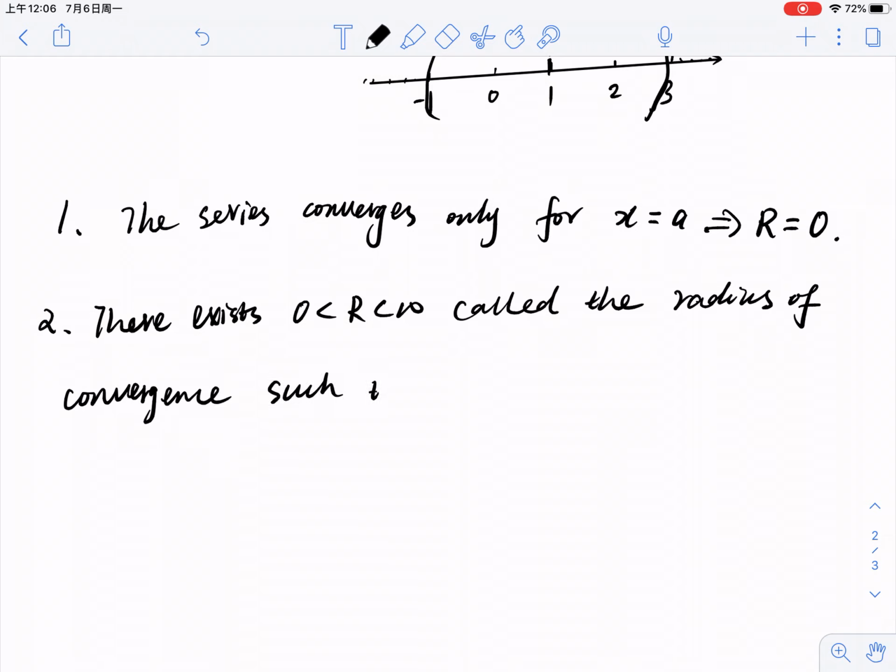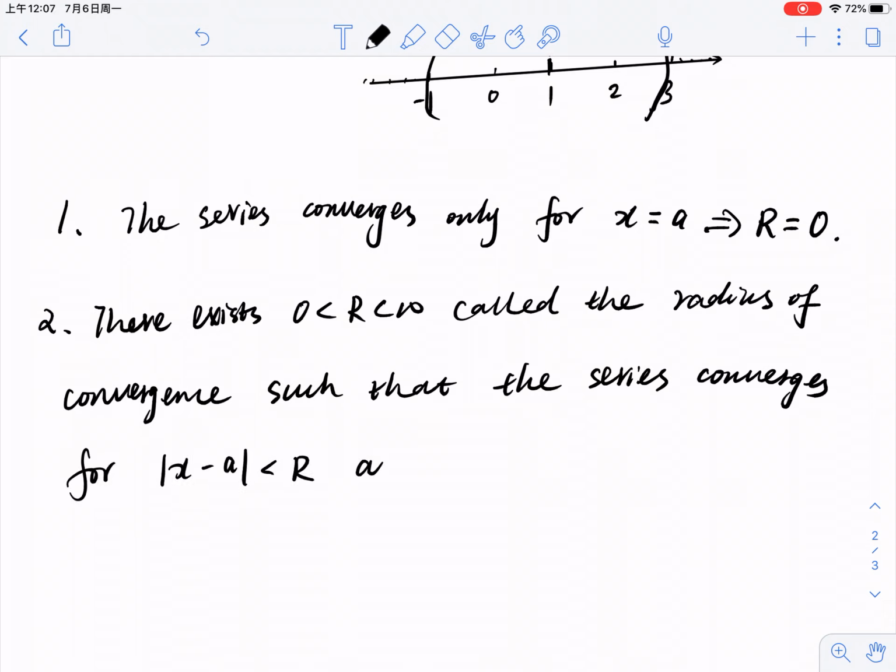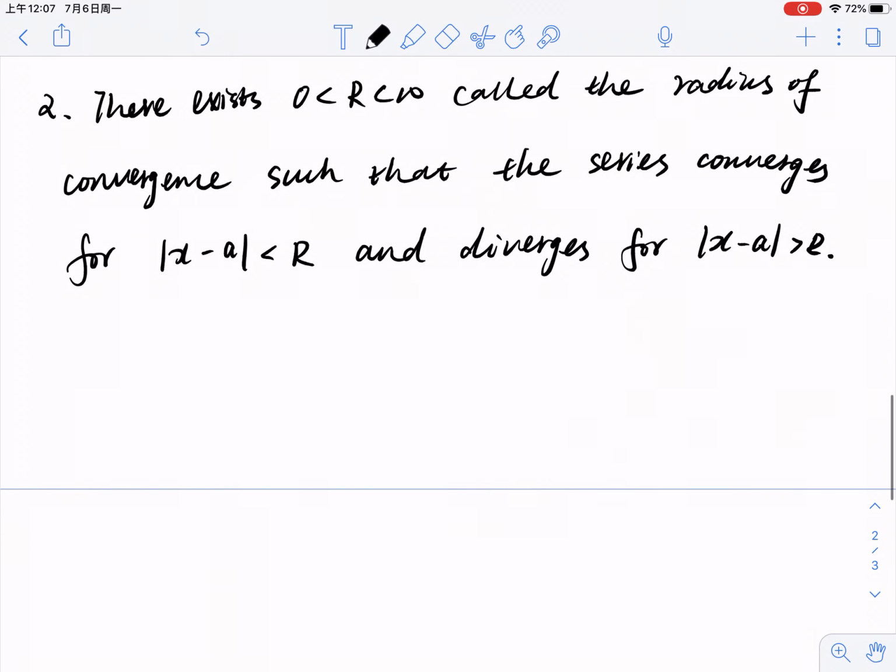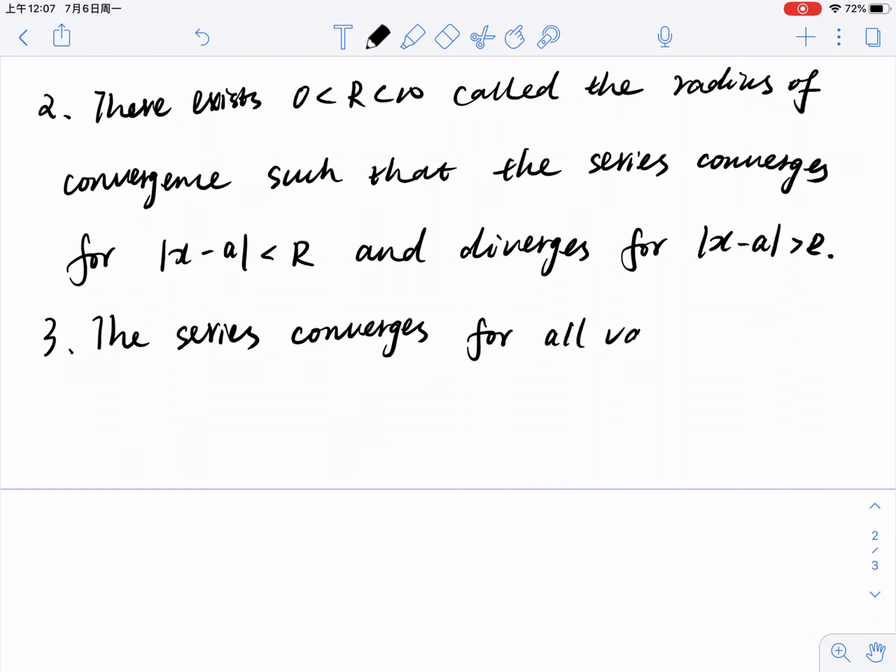such that the series converges for the absolute value of x minus a less than R, and diverges for the absolute value of x minus a greater than R. The third case is that the series converges for all values of x.